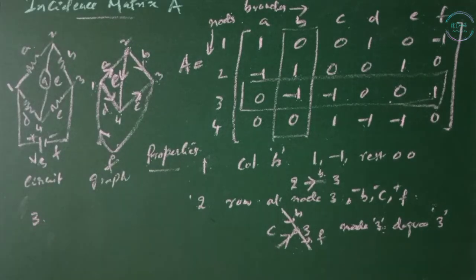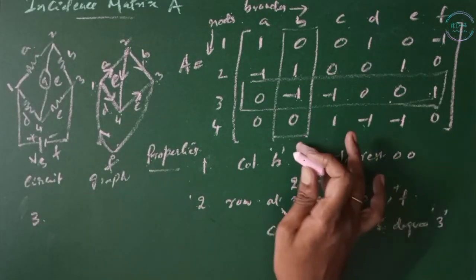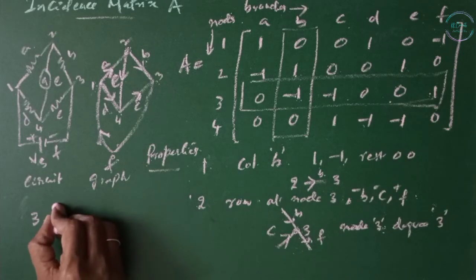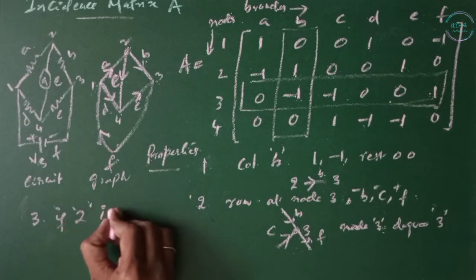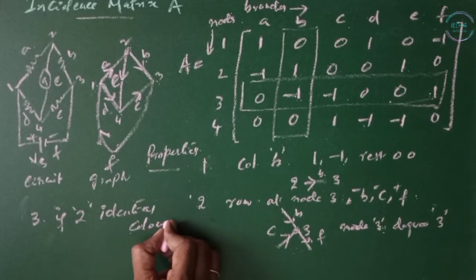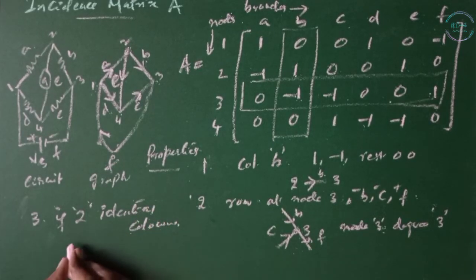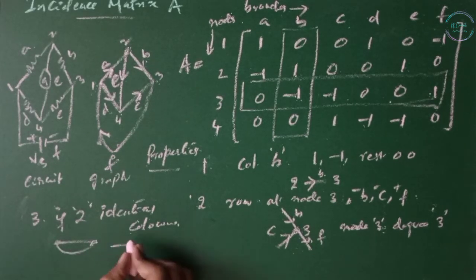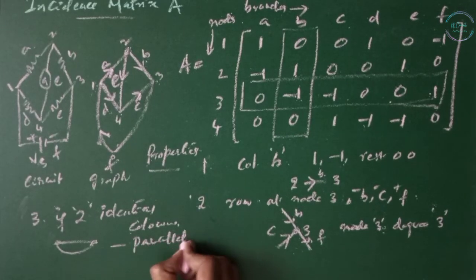Third, if we get the same entries in 2 columns, which has not happened in this matrix, that is 2 identical columns, it means 2 paths are there between the 2 nodes. That means the 2 elements are in parallel.